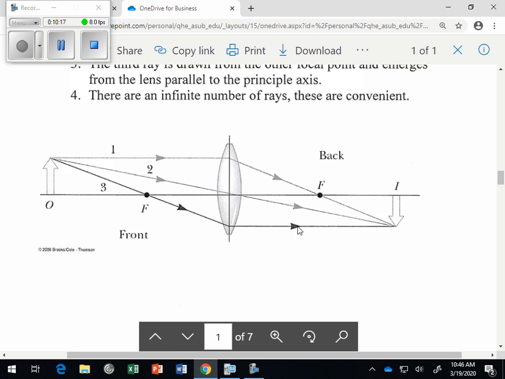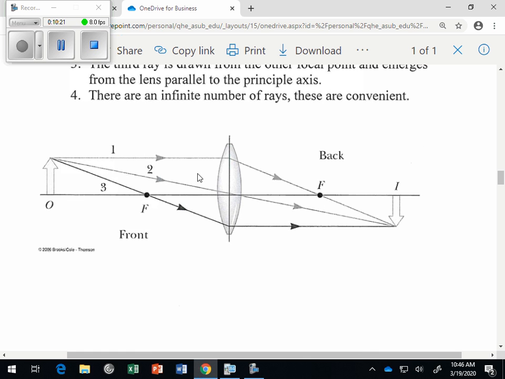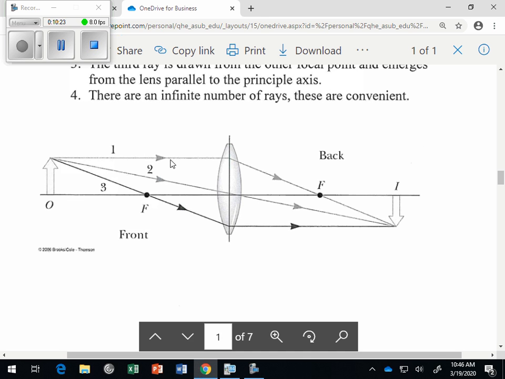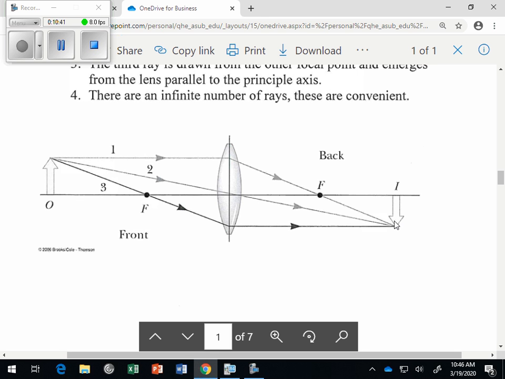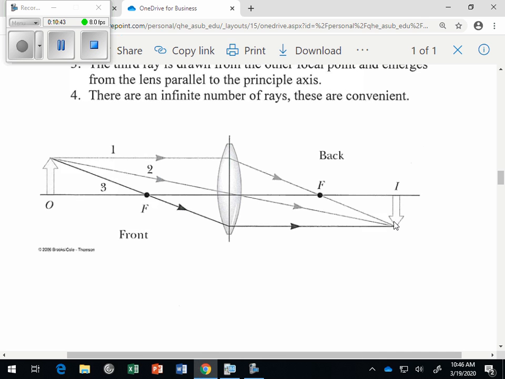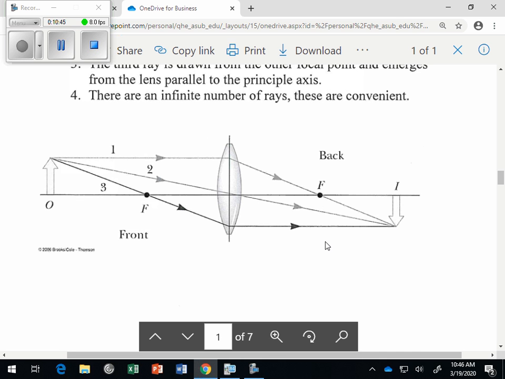It's going to be parallel to the principal axis. So now the three rays, one, two, three, are going to meet each other at the back of the lens. That gives you the image. See? So this image may be upright, may be inverted like this situation, may be bigger or smaller, or even formed on that side. I will discuss that.